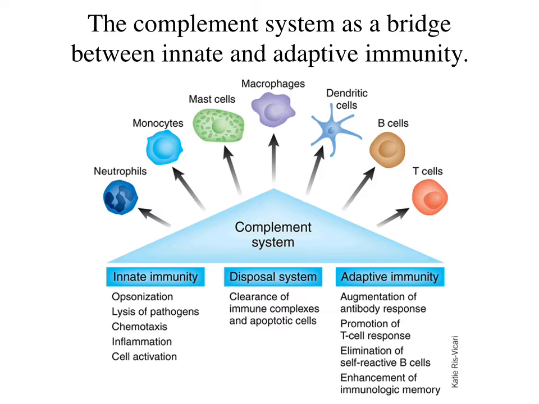In addition, the complement system maintains cell homeostasis by eliminating cellular debris and immune complexes. So it actually acts as a bridge between the innate and adaptive immune systems. But we'll talk more about its role right now as part of the innate system.